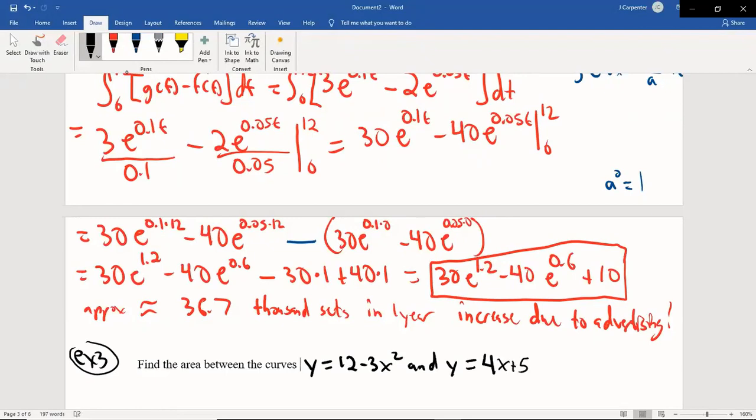I'm a big fan of one of them being quadratic and one of them being linear, but that does not have to be the case always. It just gives them less opportunity to crisscross. And then this is from x equals 0 to 3.